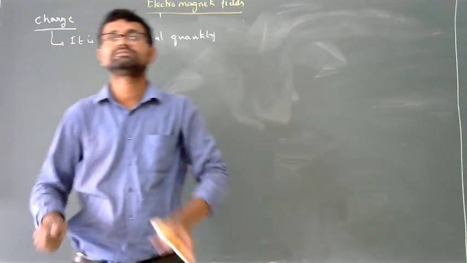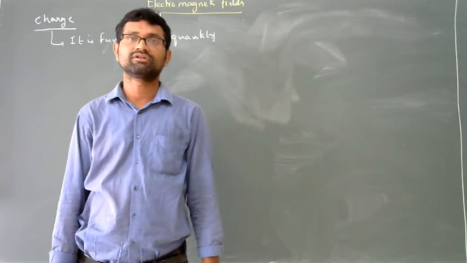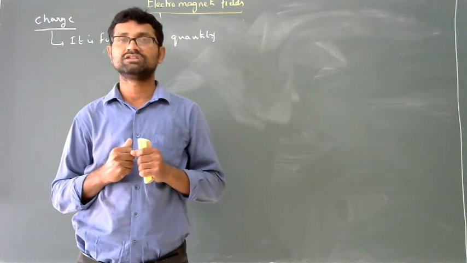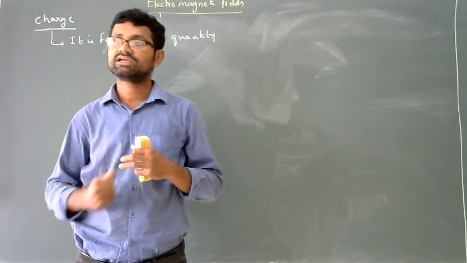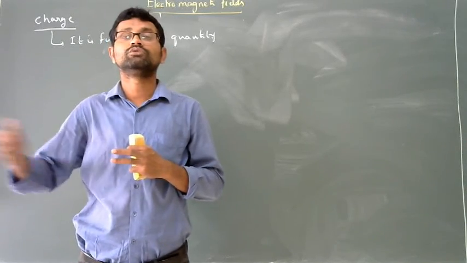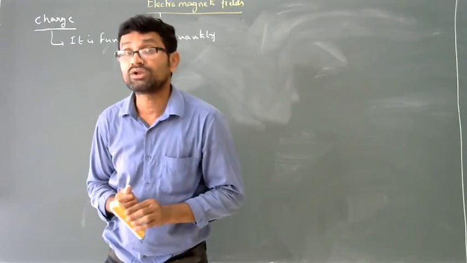If a person is hungry, he does not have any energy and can't do any work. If he has eaten food, he is charged, and next he can do the work. So without taking food, he can't do the work. Similarly, any particle initially is neutral.